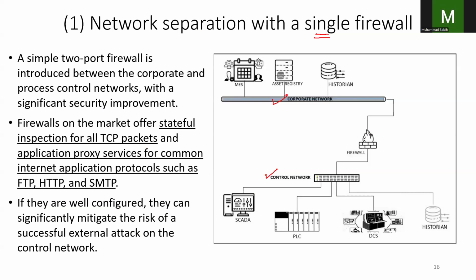As in this diagram, a two-port firewall is placed between the two networks, the control network and the corporate network. This one is the simplest and quite effective.